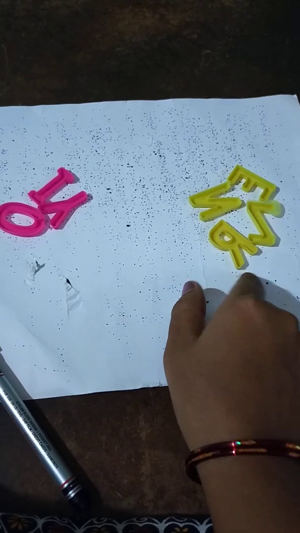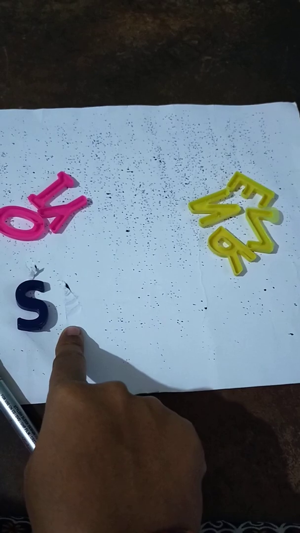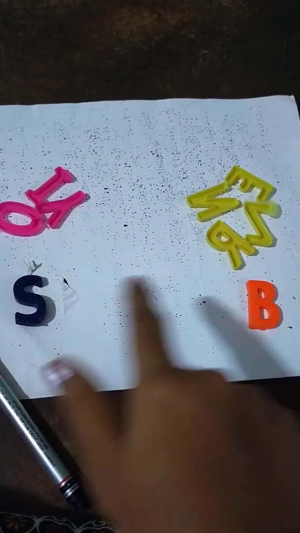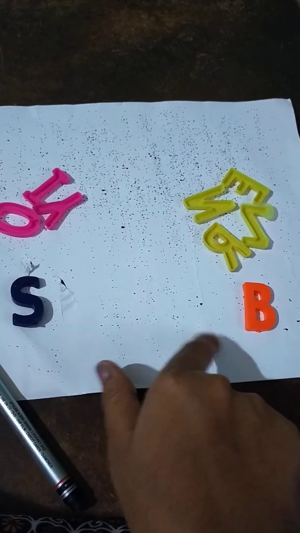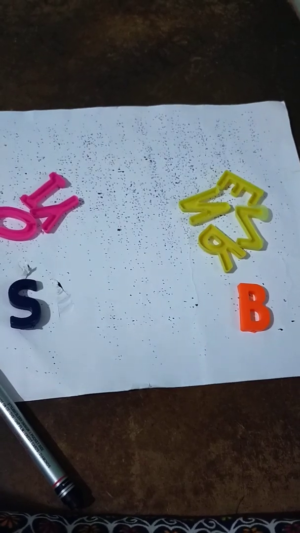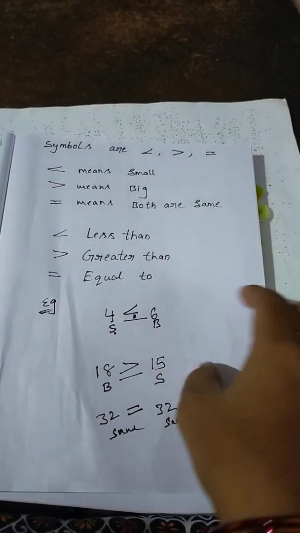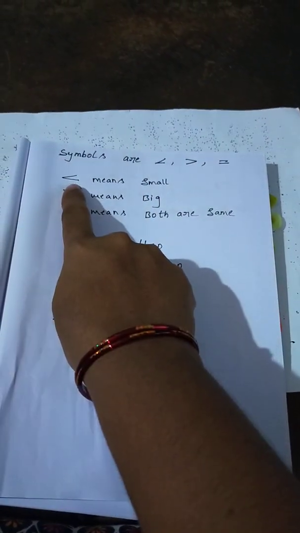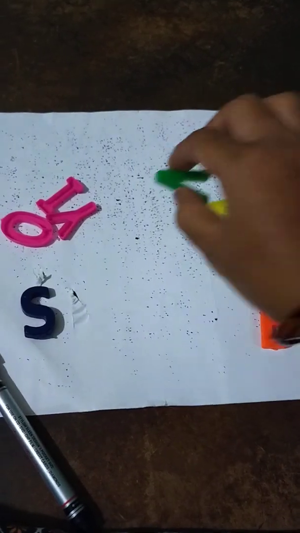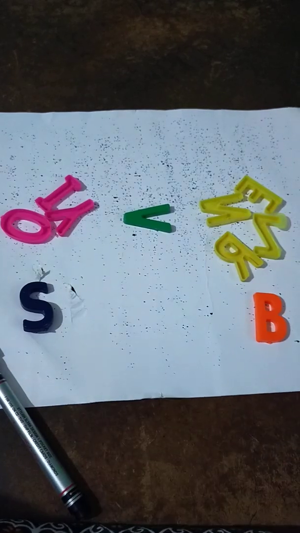Which one is the biggest? The first one is the smallest and the second one is the biggest. So for the smaller one, which symbol is used? Less than. So use the less than.